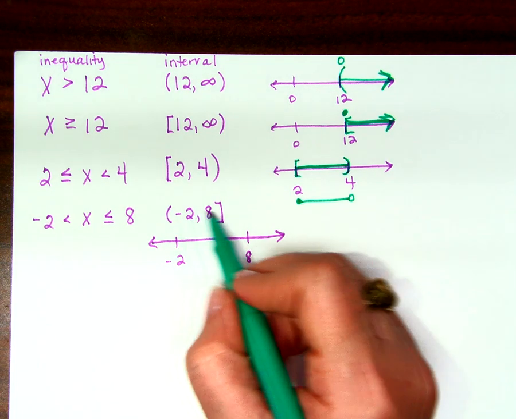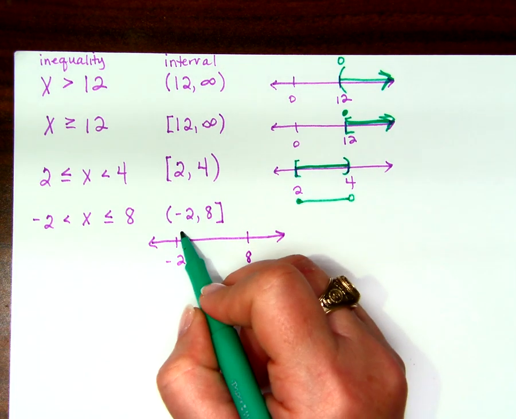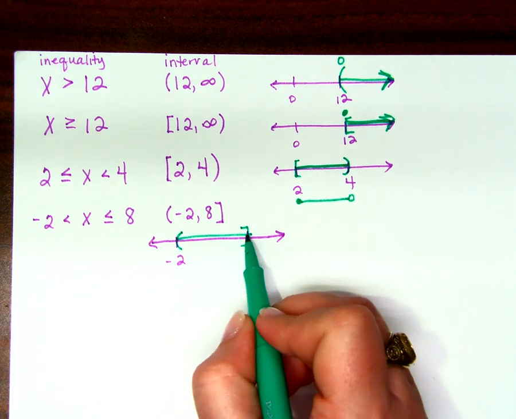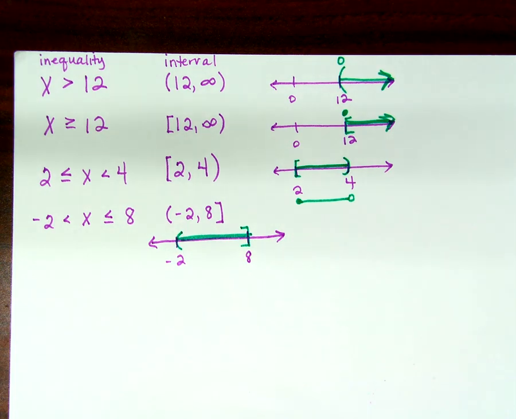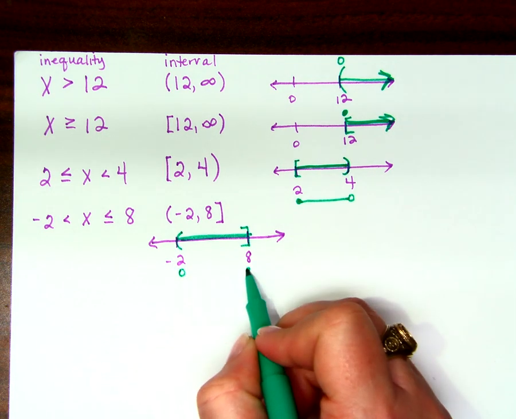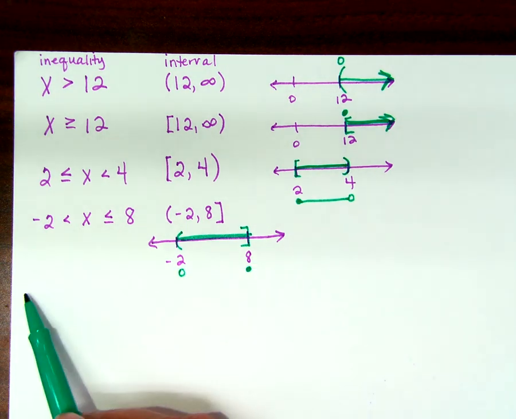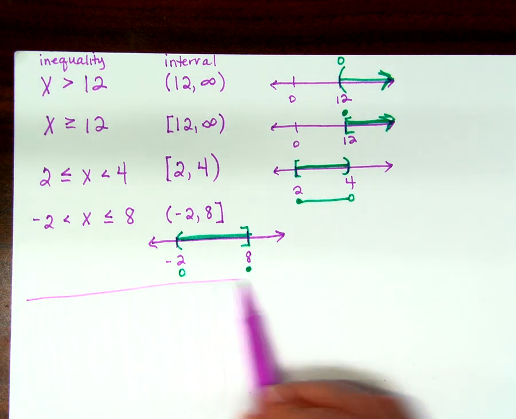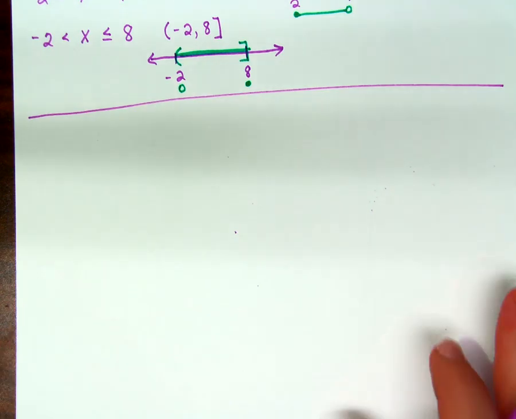So again, exactly what we use for interval notation is what we can put on the number line. Like that, right? Or open circle here, closed circle here. Any questions? Pretty good? All right. Awesome.